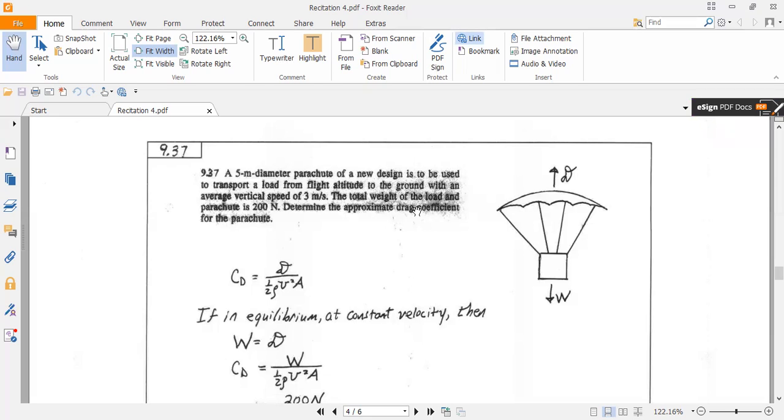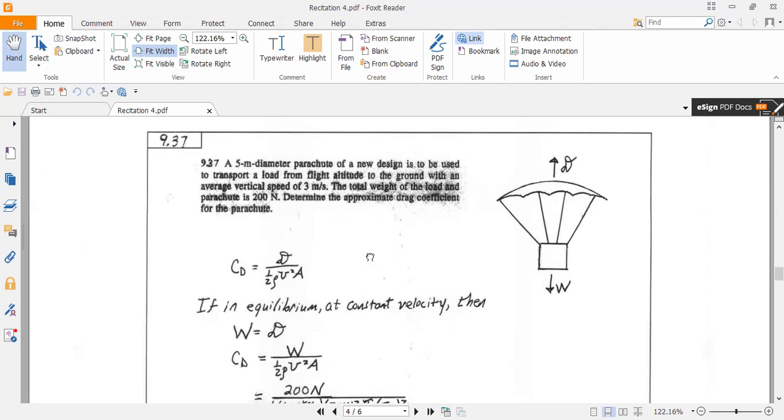The total weight of the load and parachute is 200 Newton. Determine the approximate drag coefficient of the parachute. So it asks us to determine the drag coefficient for this parachute.